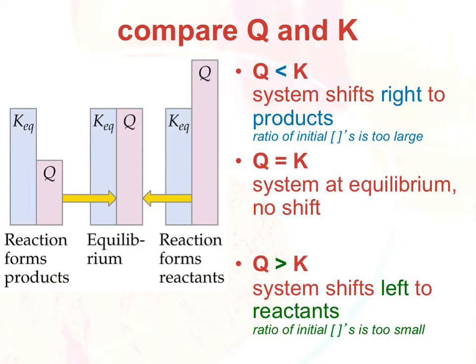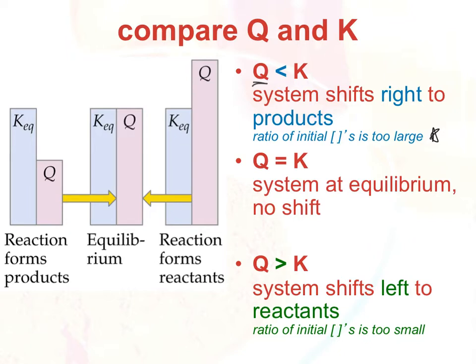When we compare Q and K, how their numerical values relate dictates whether the reaction system needs to shift towards products or towards reactants, or whether you're in fact at equilibrium. In the first situation, when the reaction quotient is smaller than K, the ratio between the initial concentrations is too small, so the system is going to shift to the right, towards the products, in order to obtain equilibrium.